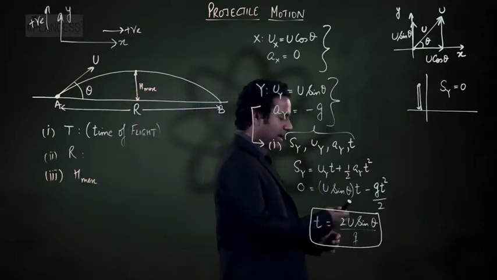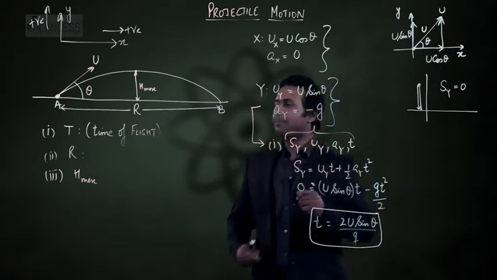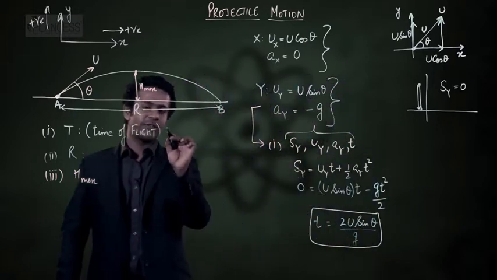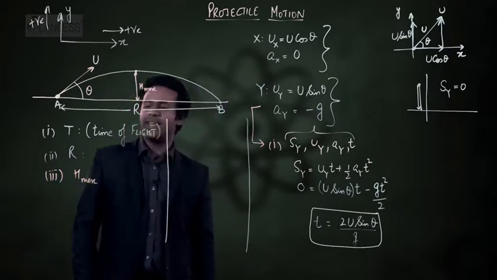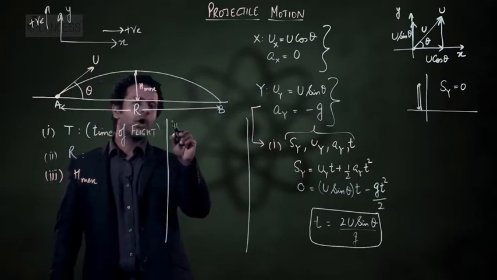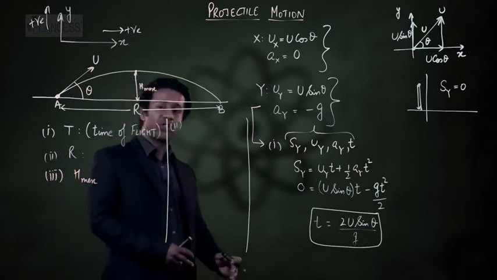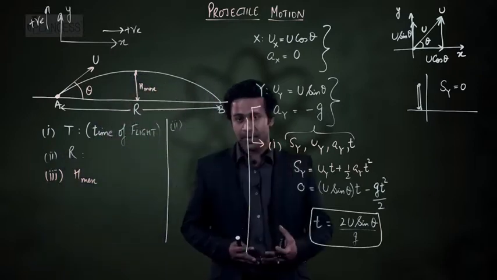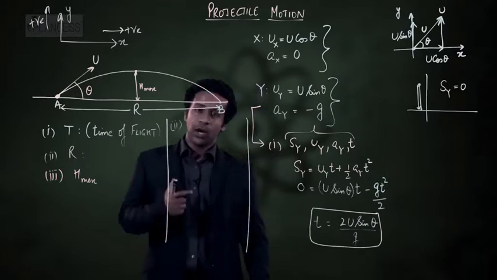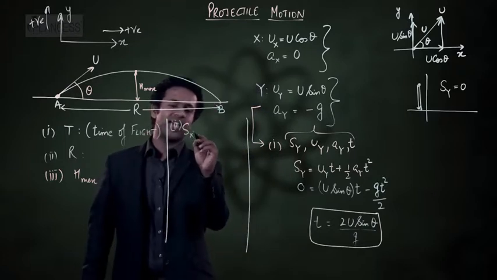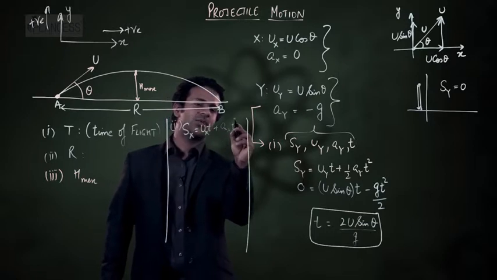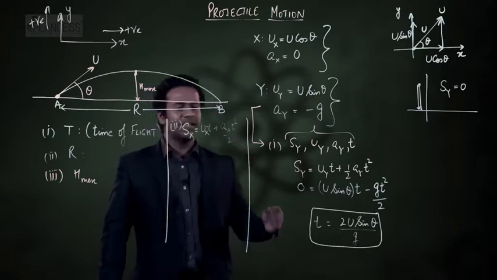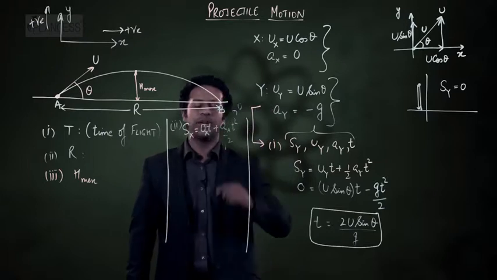So now let's think about the second part, which is the range of this projectile. Once we have the time, it is very easy to find, because along x there is no acceleration at all. So if there is no acceleration, looking at the second equation, which is Sx is equal to uxt plus axt square by 2, you see that the second term simply goes to 0.